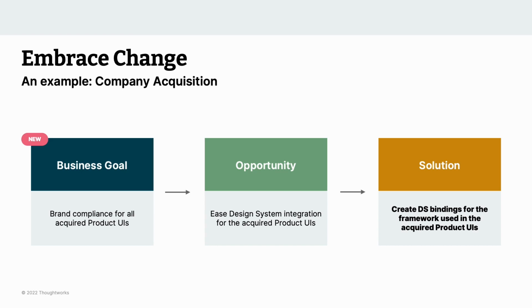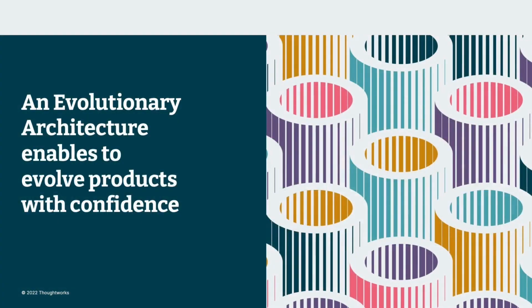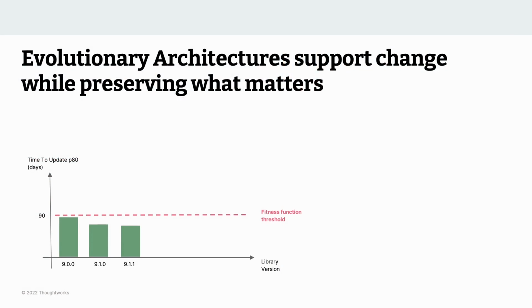You could decide to invest and create bindings also for React to make their life easier. And if you have built your component library following evolutionary architecture concepts, you can be sure of evolving your code base with confidence, because evolutionary architecture supports change while preserving what matters.